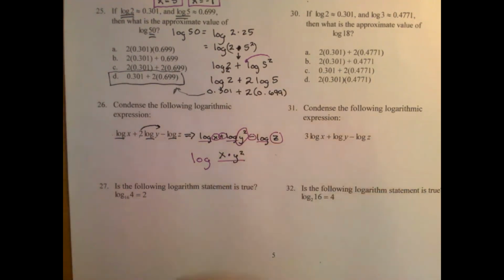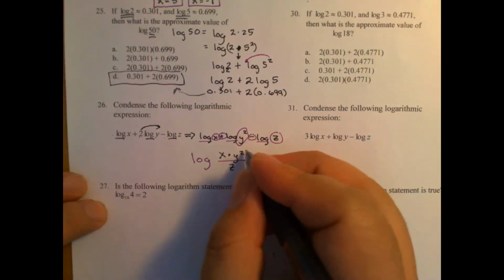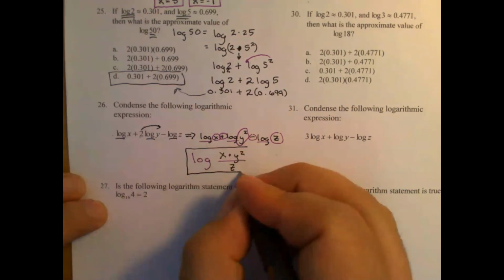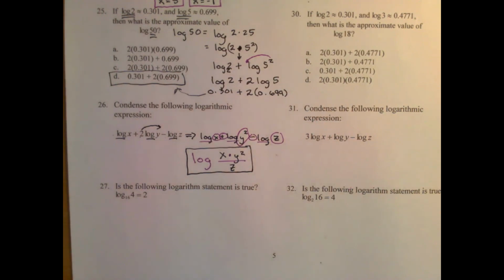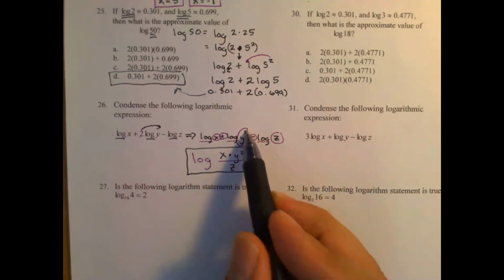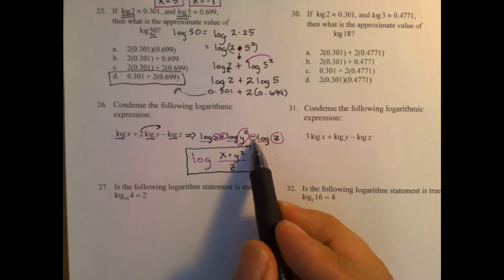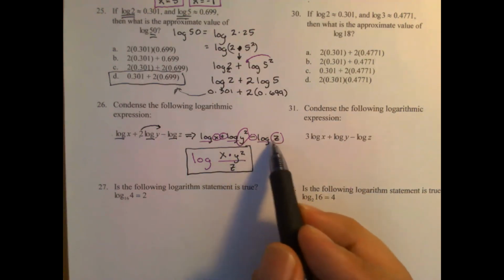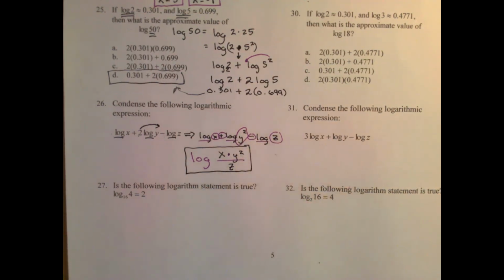Well, then put a fraction, and there goes that z. Just like that, there's our condensed form of this equation. So remember, just take it in order. As you read it, you start writing x times y squared. A minus means whatever's after the minus, just that part goes underneath the fraction.